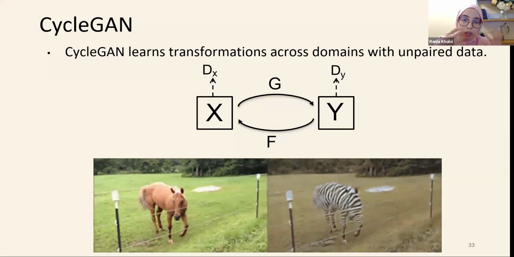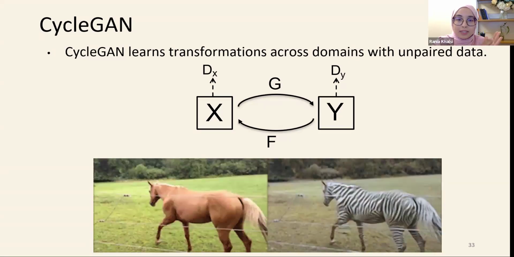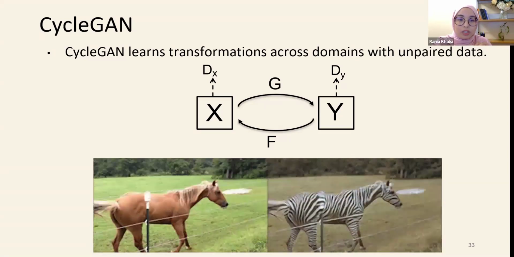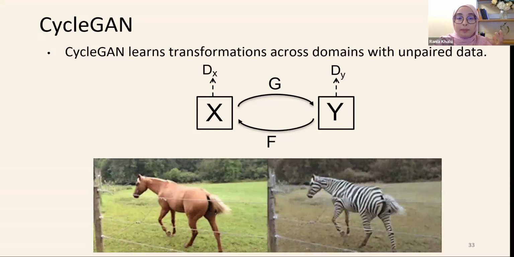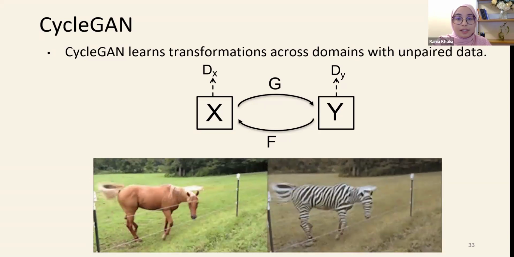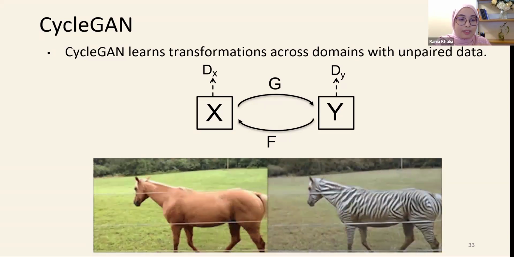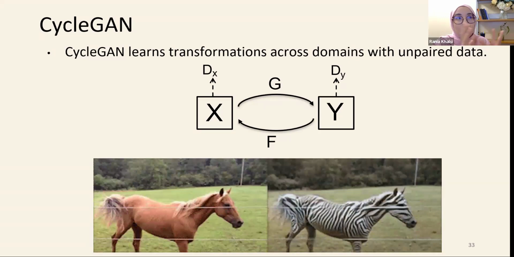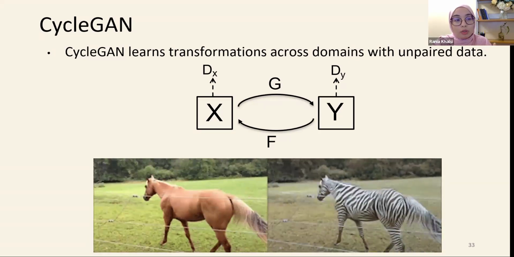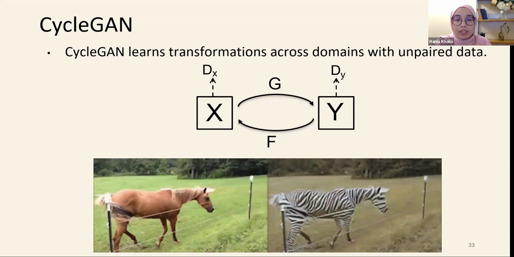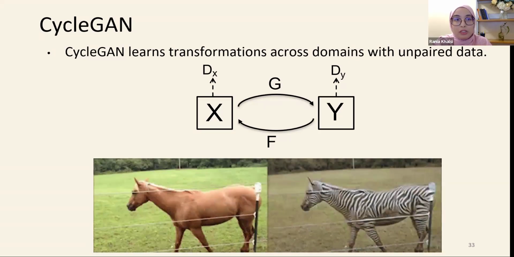That relationship between the two domains is what makes unpaired translation possible. This is cool, right? This is one of the great capabilities of this particular type of GAN. I would say it really rocks when it comes to style transformation.